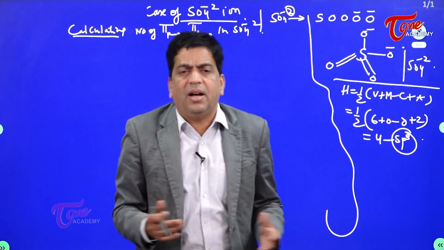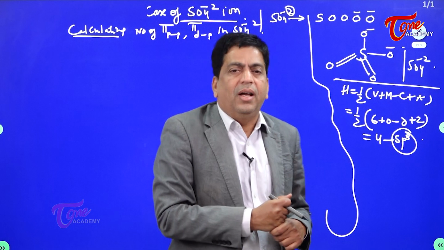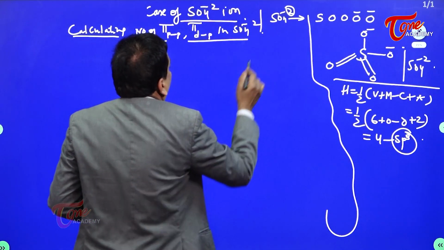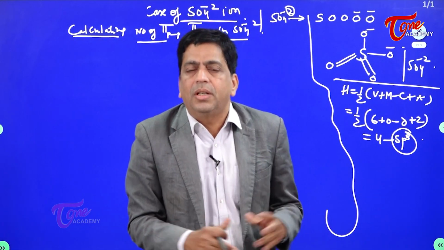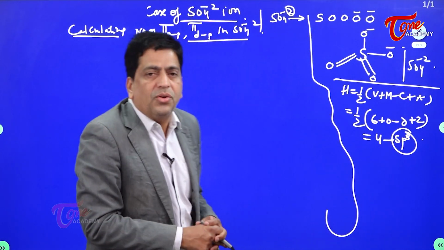So let us start the draft. Let us start the draft very quickly. And remember, what are we doing here? We are calculating the number of pi pp and pi dp bonds in sulfate ion, which he will ask in the exam. You must understand. Right? Let us start the draft.